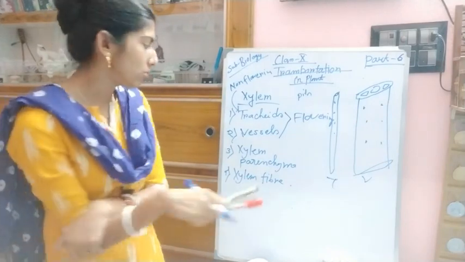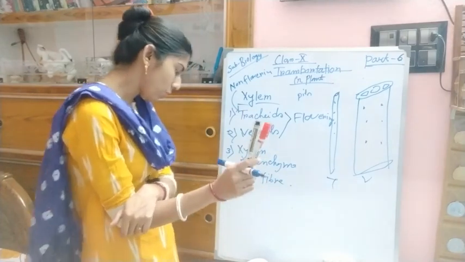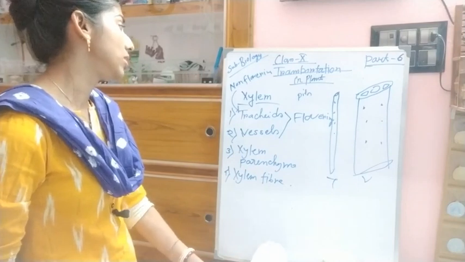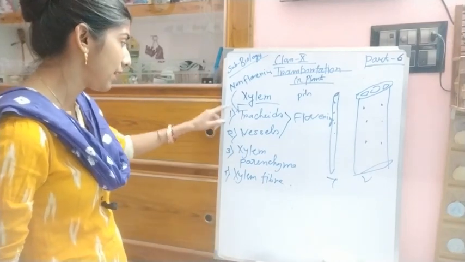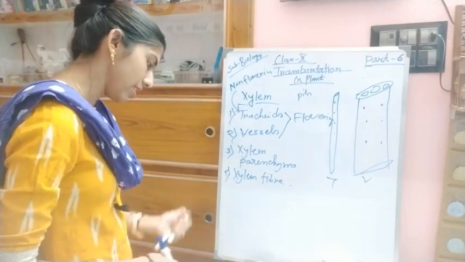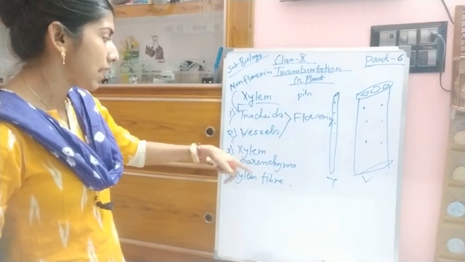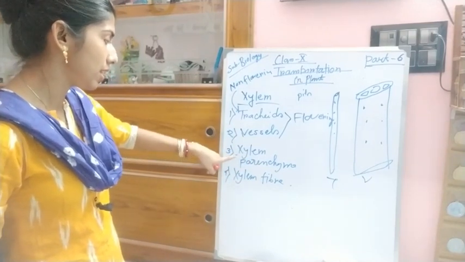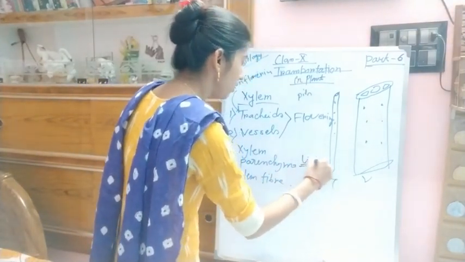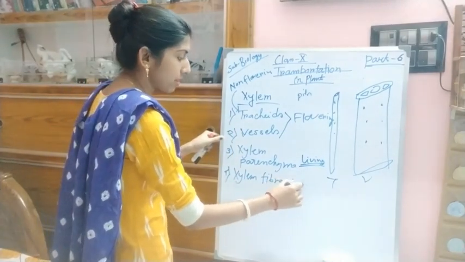And what is the function of xylem parenchyma? And what is the function of xylem fiber? Of the 4 parts, only xylem parenchyma is living. It helps in food storage and other functions. Xylem fiber gives support.